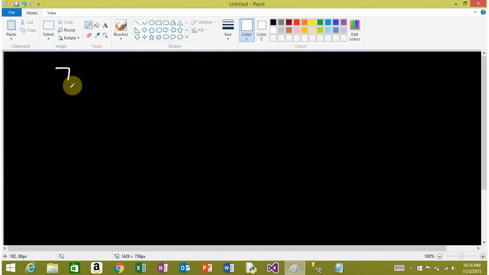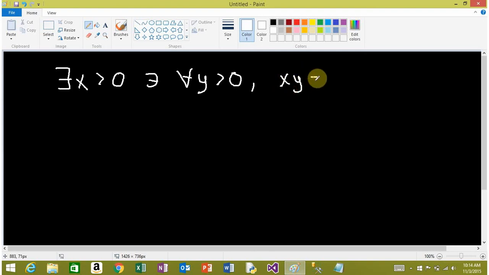Let's say we have: there exists an x greater than 0 such that for any y greater than 0, we have x times y is equal to 4. So we're going to look at this statement. There exists an x greater than 0 such that for any y greater than 0, we know that x times y is 4.